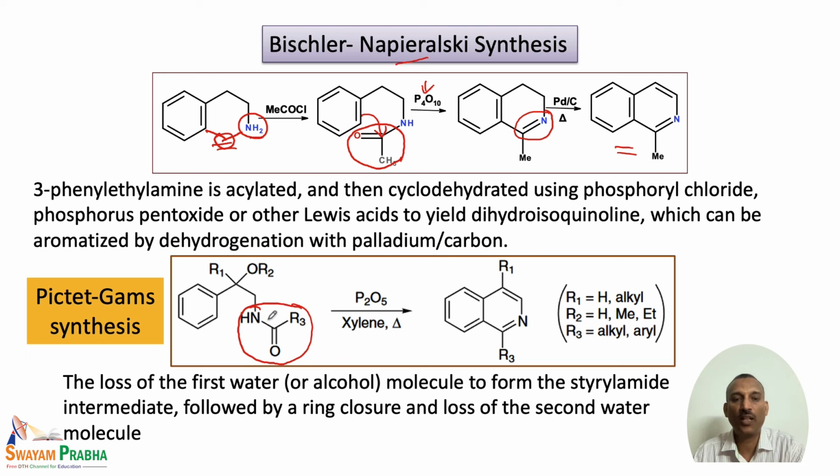When treated with P2O5 and xylene, it undergoes reaction, especially the intermediate formed is a styrylamide intermediate, and there are two water molecules lost in this reaction, which leads to the formation of isoquinoline as shown here.